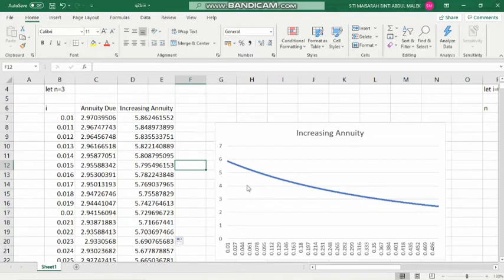After I get all these numbers, I can generate this line chart. Here we can clearly see that when I increases from 0.01 until 0.5, the increasing annuity will gradually decrease.